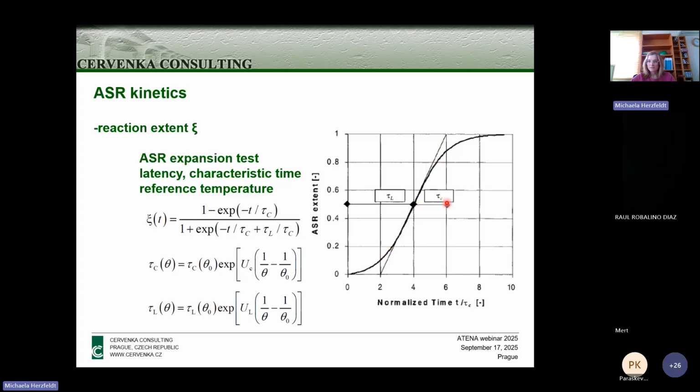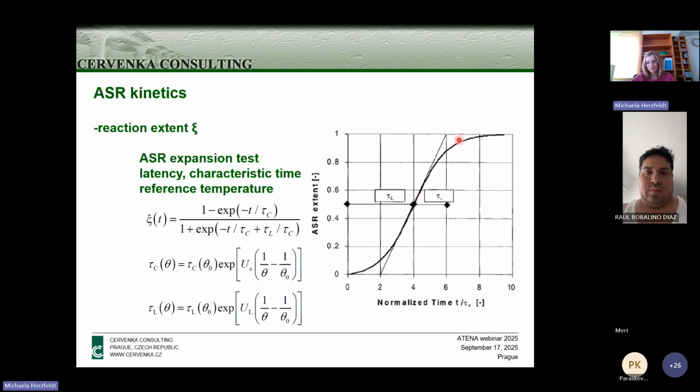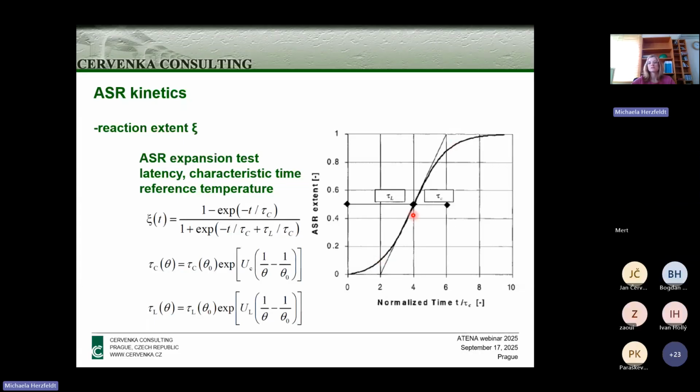And this characteristic time is half of the distance between those two inflection points. If those inflection points have a little bit different changes of curvature on both sides, you can just take the mean value of those. They can be different on each side, and there is a latency time from this point to the beginning.